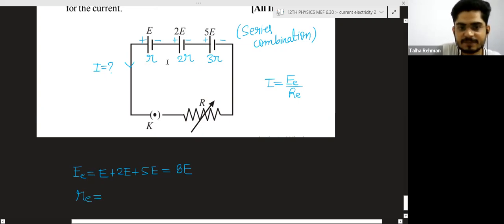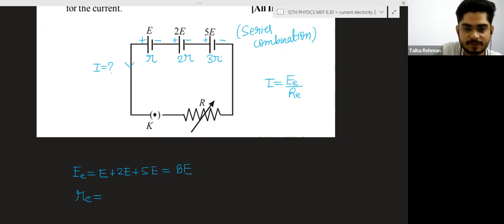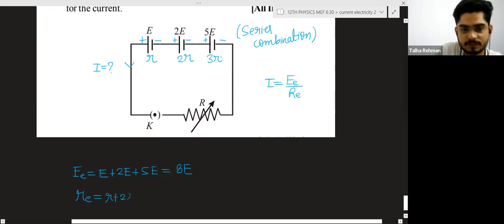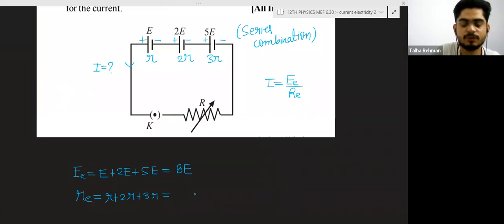You will add R plus 2R plus 3R, because this is a series combination, and the answer will become 6R.